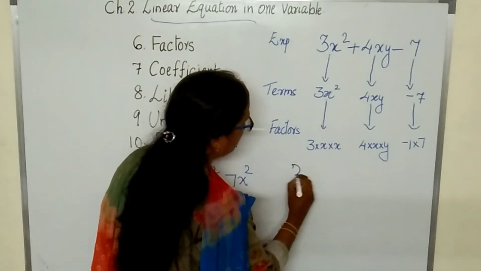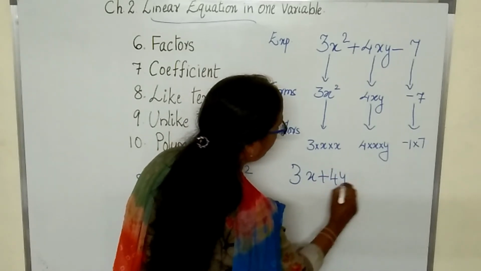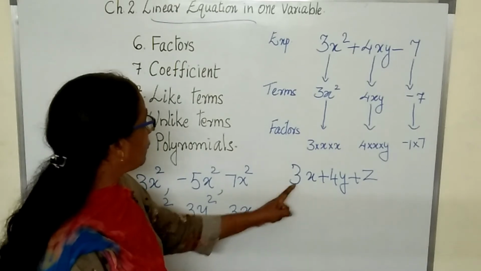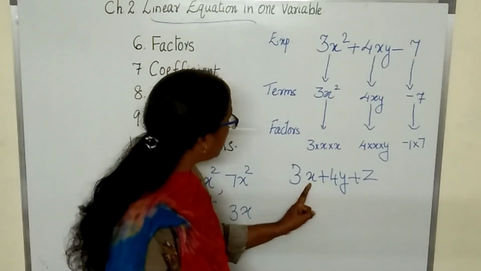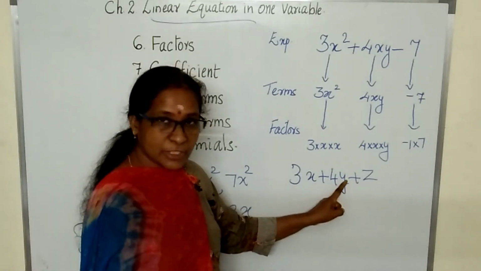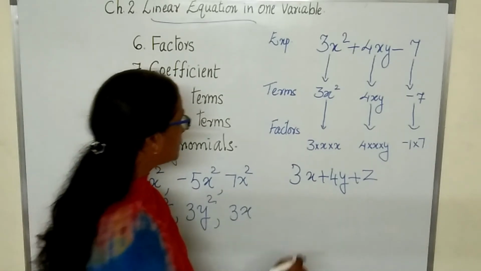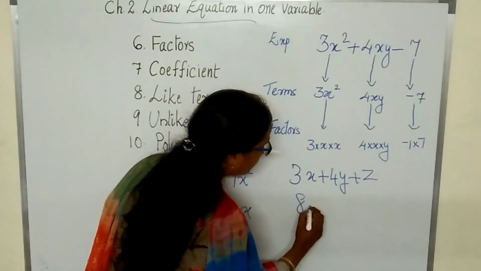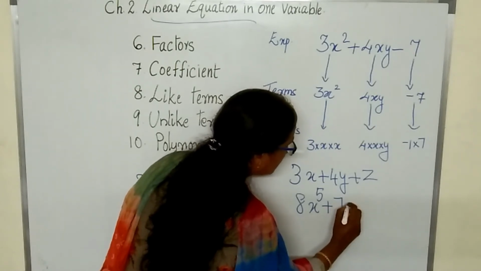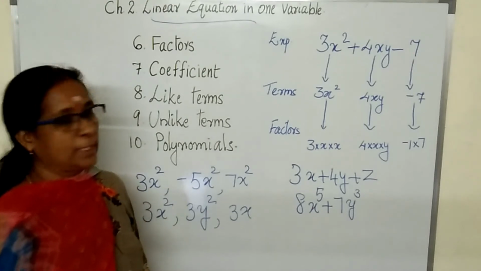For example, 3x plus 4y plus z is an expression which is called a polynomial, because here the power is 1 which is positive, here the power is 1 which is positive, here also the power is 1 which is positive. Similarly, 8x raised to 5 plus 7y raised to 3 is a polynomial.